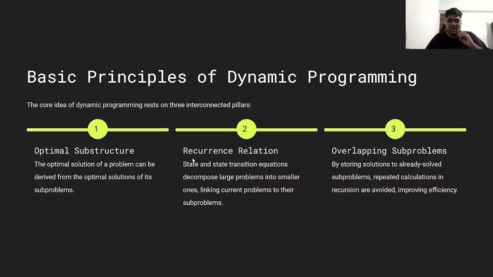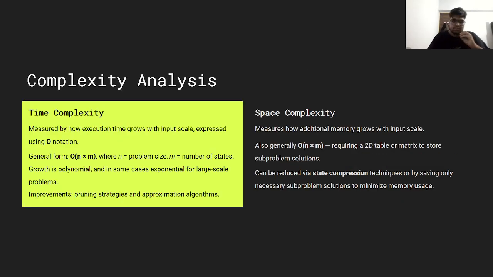We get a recurrence relation where we call the function repeatedly to solve the subproblems. And lastly, we find overlapping subproblems. These overlapping subproblems get us a full picture, and we don't solve already repeated subproblems, and we store the results in a dynamic programming table, which we will see later.